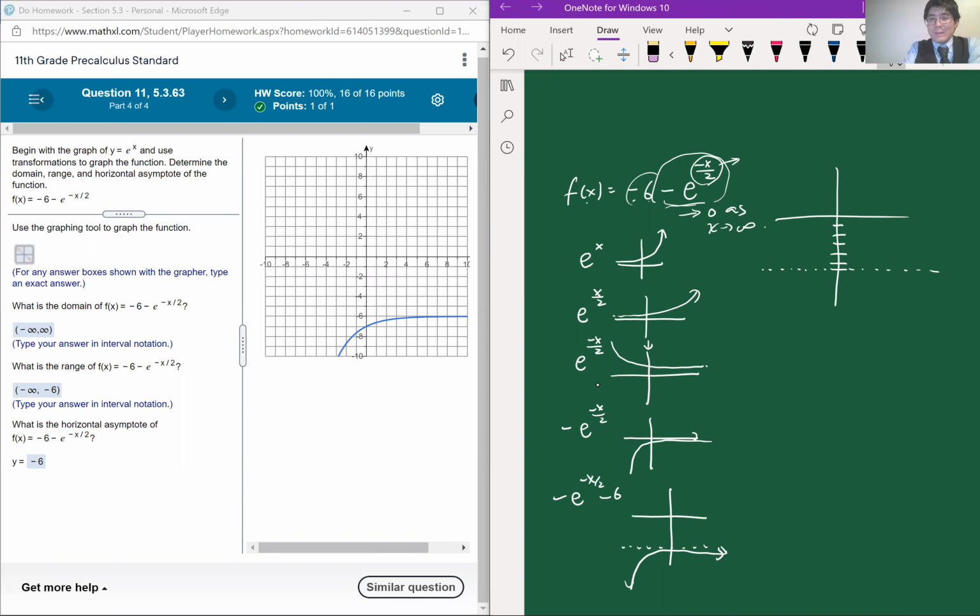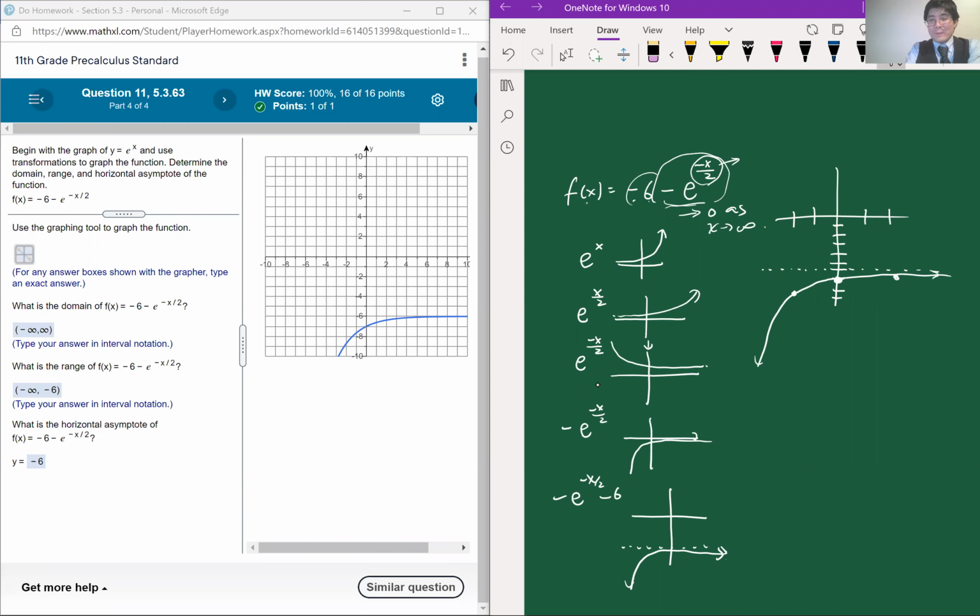After that, since this is an exponential function, just plug in a few points. For example, when x is 0, it's negative 7. And when x is 2, it's negative 6 minus 1 over e. Okay. And when x is negative 2, it's going to be negative 6 minus e, which is 2.7. So it's going to be somewhere around here. So the graph looks like this. Okay.